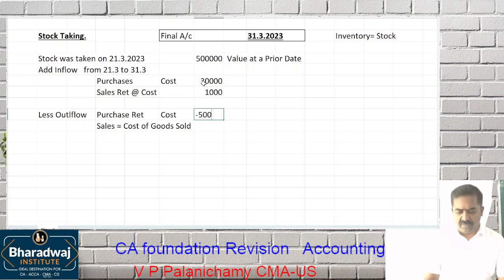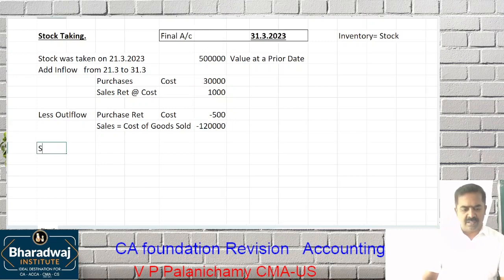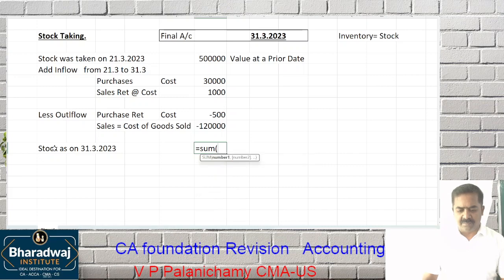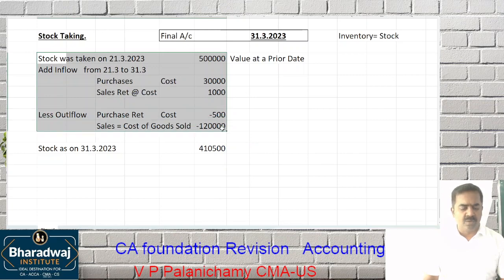Purchase returns are like 500 and cost of goods sold is about 1,20,000. If you do this, you will get the stock as on 31st March 2013. This will be the value. Clear? So add all inflows minus all outflows within this period, and you will get the stock on this date.